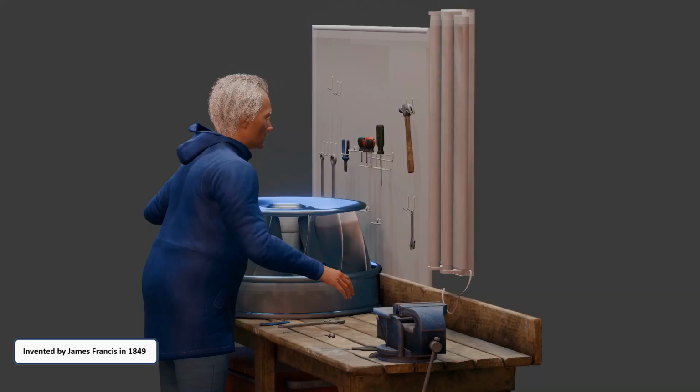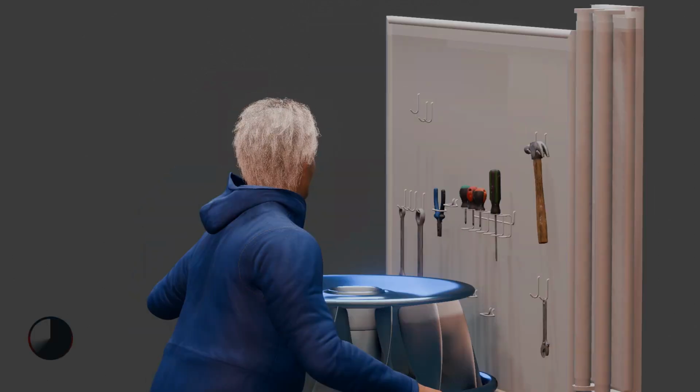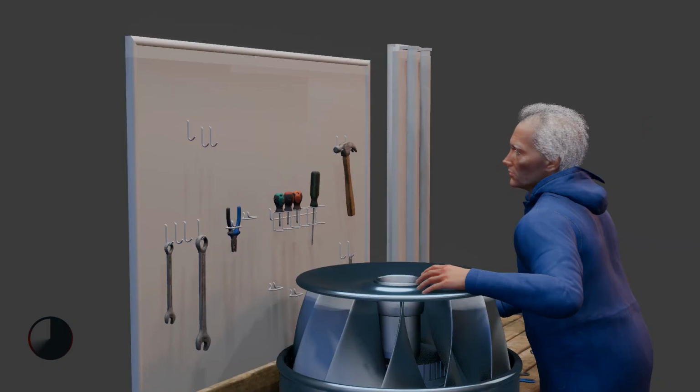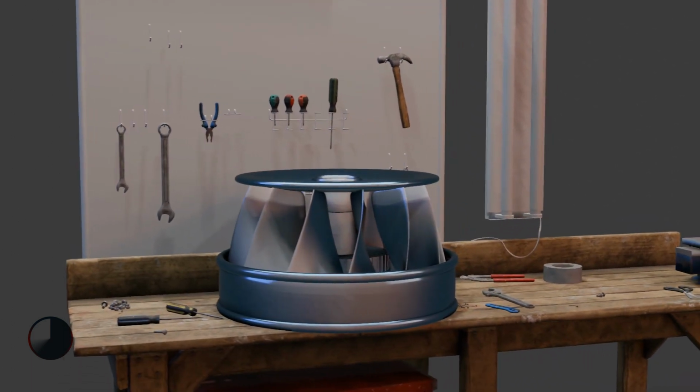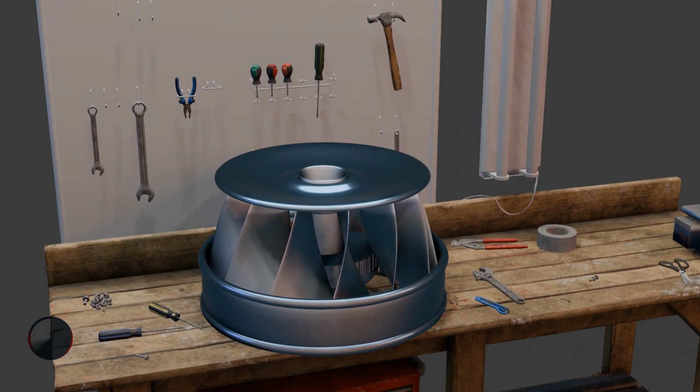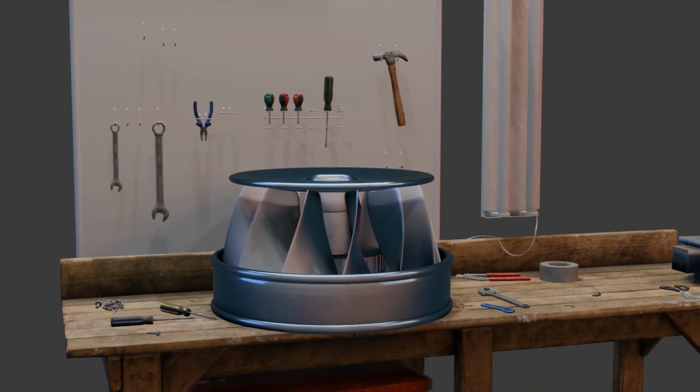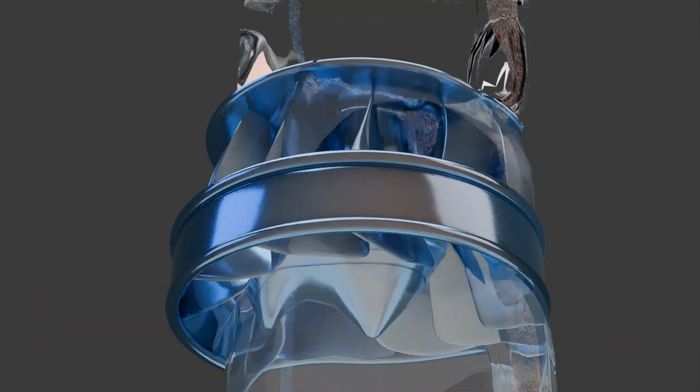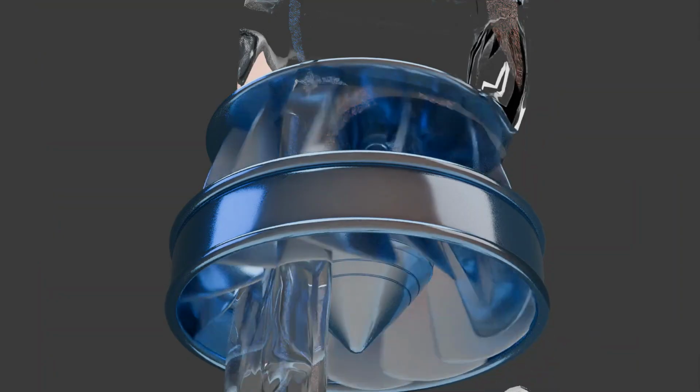The Francis turbine was the first modern hydropower turbine and was invented by British-American engineer James Francis in 1849. A Francis turbine has a runner with fixed blades, which is usually 9 or more. Water is introduced just above the runner and all around it, which then falls through, causing the blades to spin.